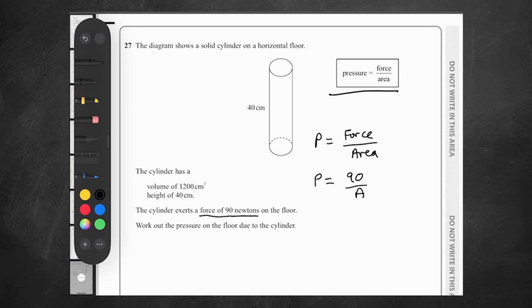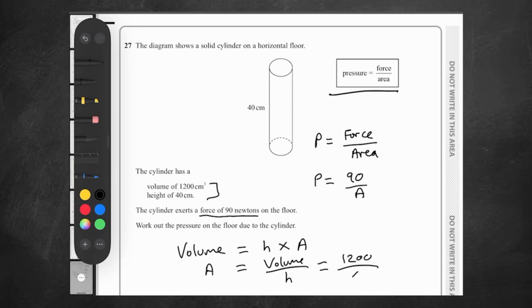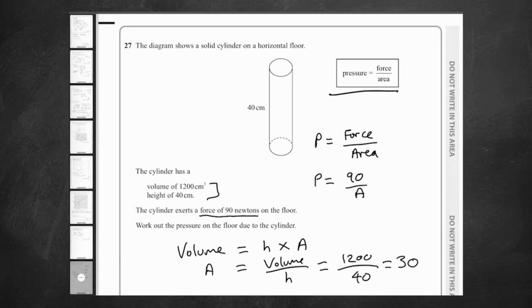And to get area, we're going to need to do volume equals height times area. So rearrange this to say area equals volume over height. And we have both of these things. So 1200 divided by 40, which equals 30.